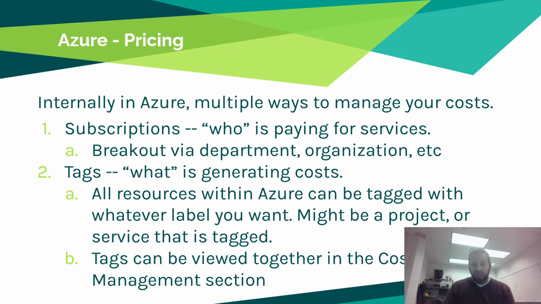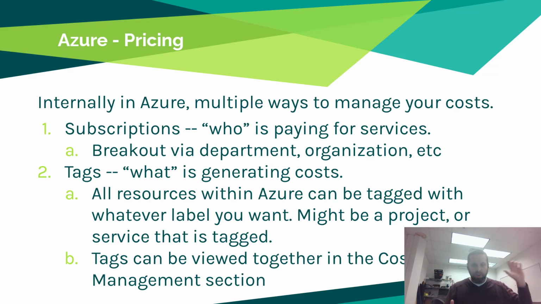All resources within Azure can also be tagged. A tag is basically a text field, a label that allows you to logically associate things together. For example, let's say I have a one-year employee retention project with a bunch of web resources, and it's only going to run for a year.